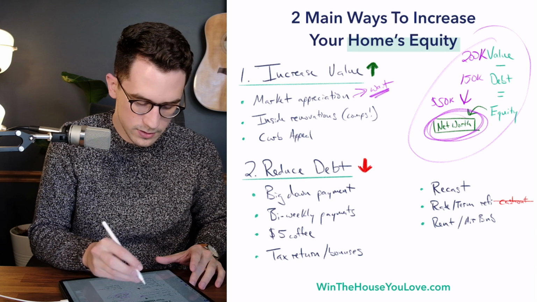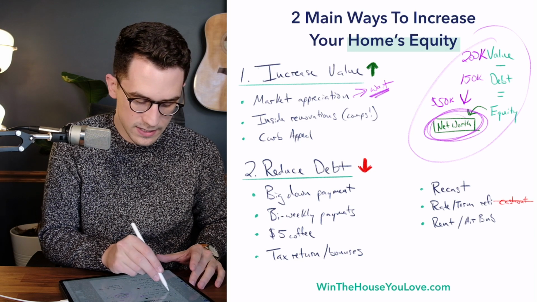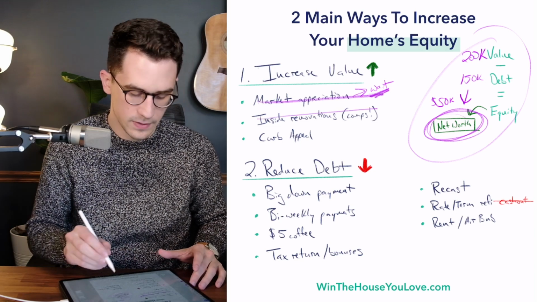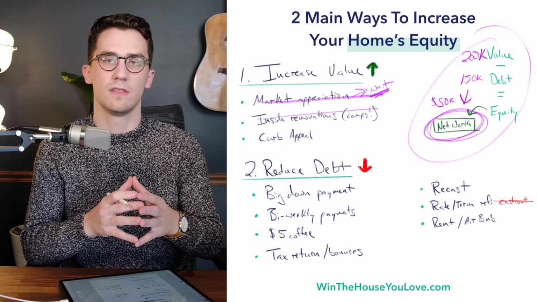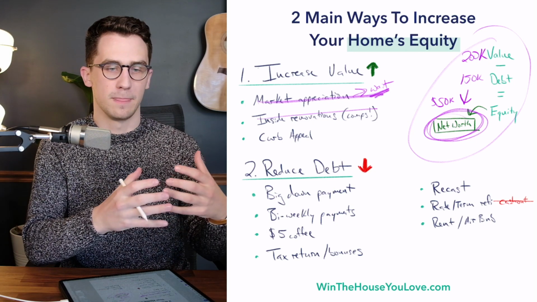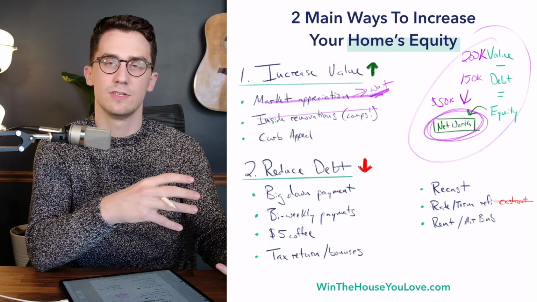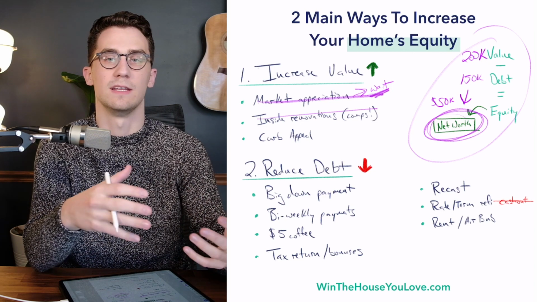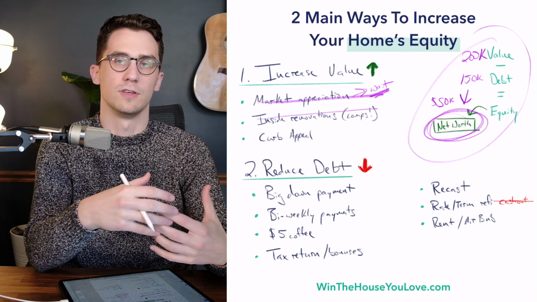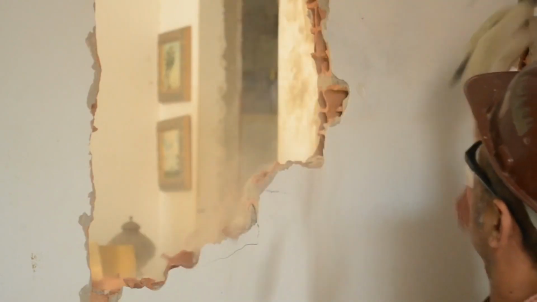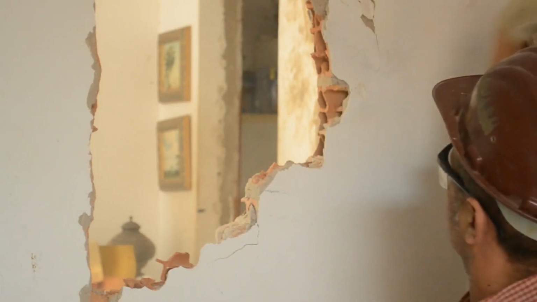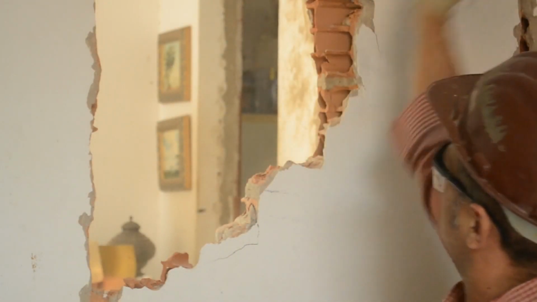Something else you can do to increase value is inside renovations. Inside renovations would be things like structural additions to the inside of your home. Maybe you're updating the kitchen, or updating fixtures or the bathroom, or doing things inside the home that increase the value.